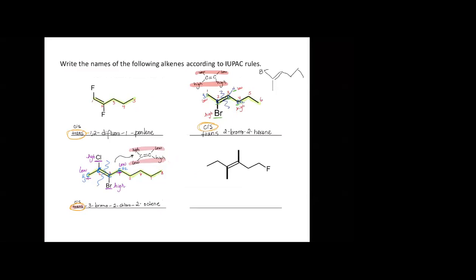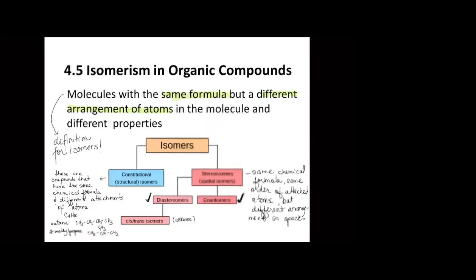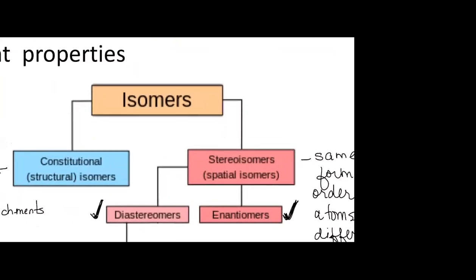Great. Make sure that you check the in-class worksheet for chapter 4, because one of the problems that I didn't do here, but I want you guys to be able to do, is that if you are given a pair of molecules, to distinguish if they are constitutional isomers, enantiomers, diastereomers, or identical molecules.